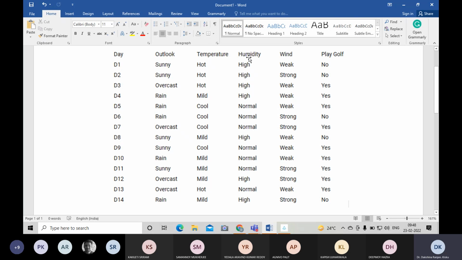In a similar way we can get the information gain for outlook, we will get information gain over temperature, and we will get information gain over humidity.